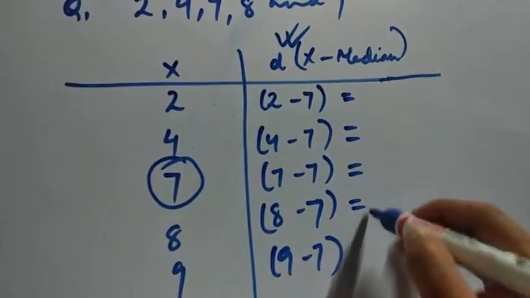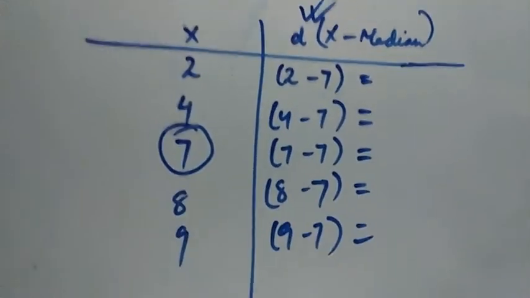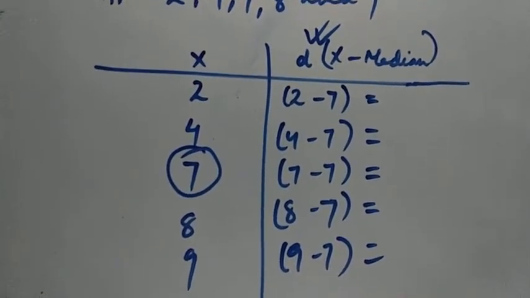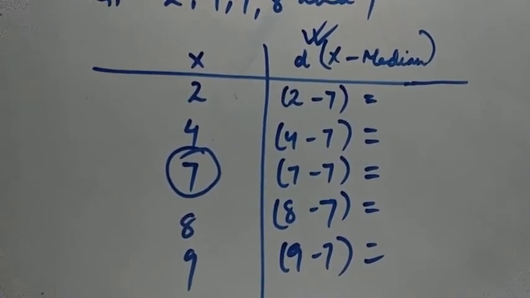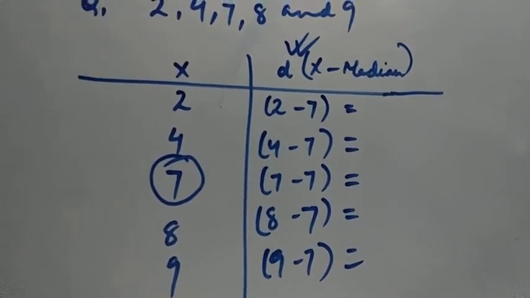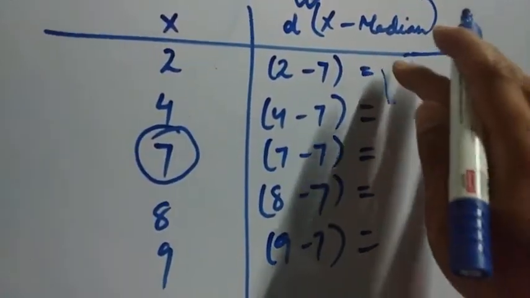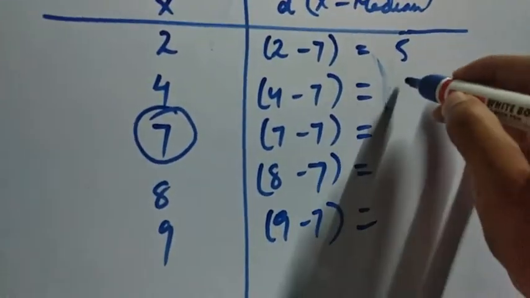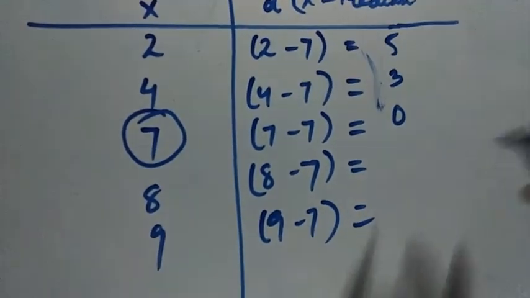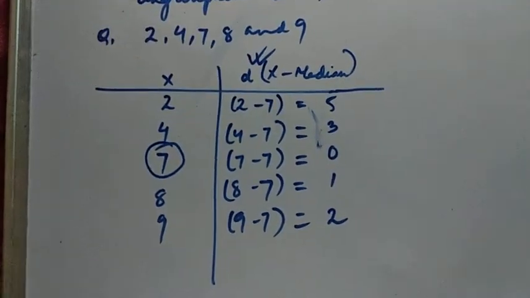So D will be minus 5, and it was said before that we have to ignore the signs when we talk about mean deviation. We ignore the sign. Since it is minus 5, we are not going to consider this sign. So here 3, 0, 1 and 2. That is how we find D.